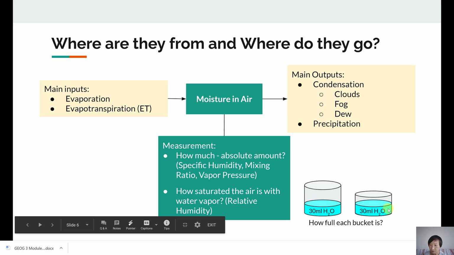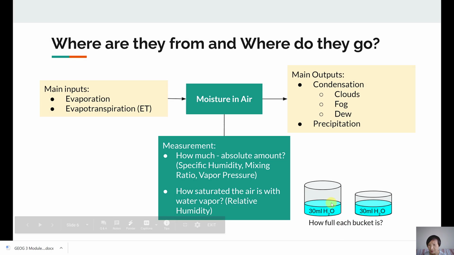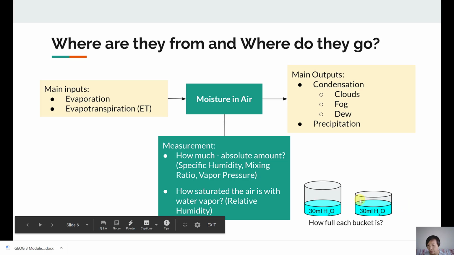You can see in those two beakers you have the same absolute amount of water in it. But if I ask you how full each beaker is, you probably will say, oh, this one is halfway full, this one is 1/3 full, right?